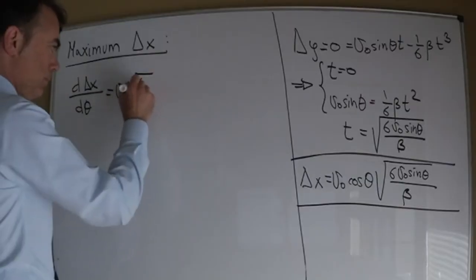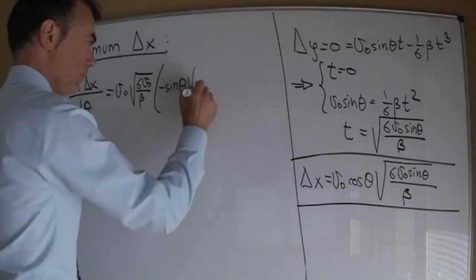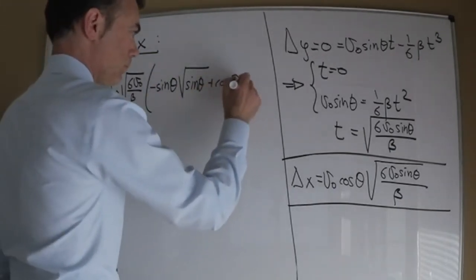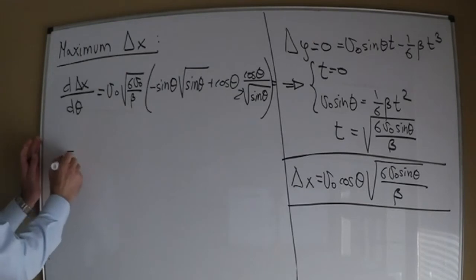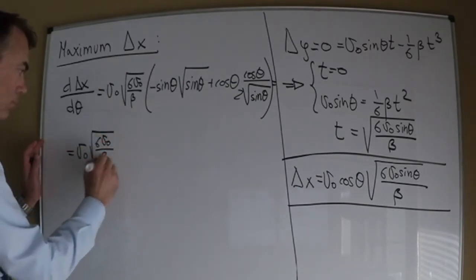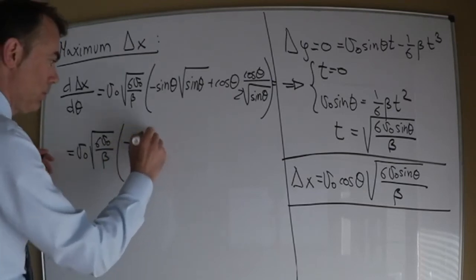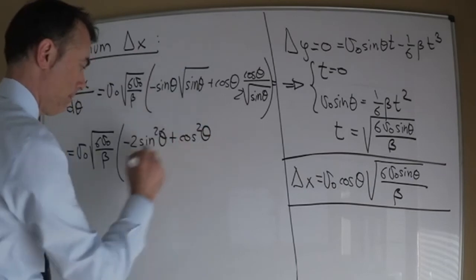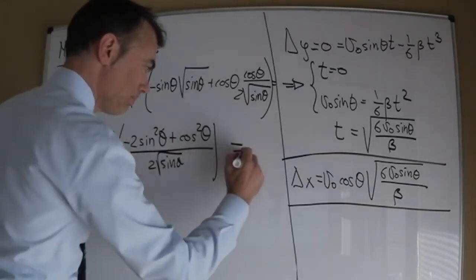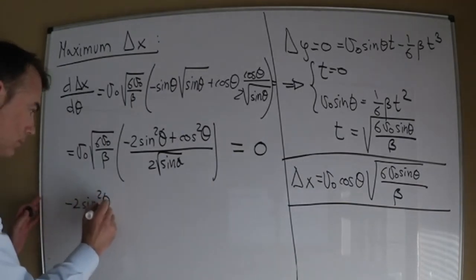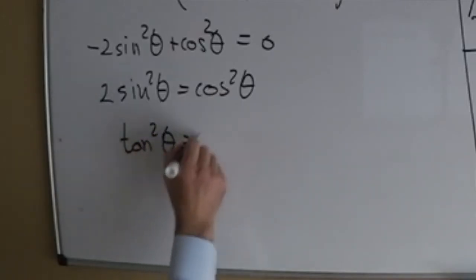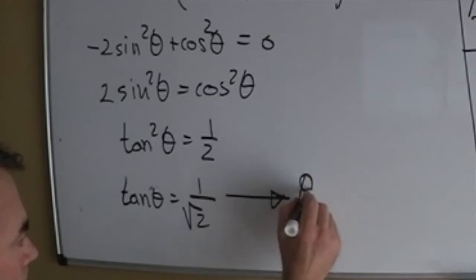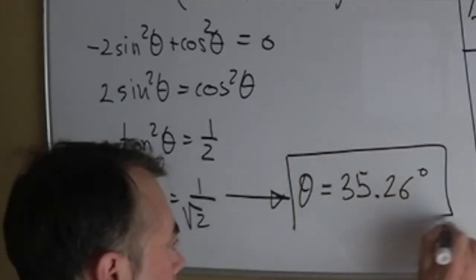Some wibbly wobbly timey math stuff, and tangent of theta is 1 over the square root of 2, so theta is 35.26 degrees.